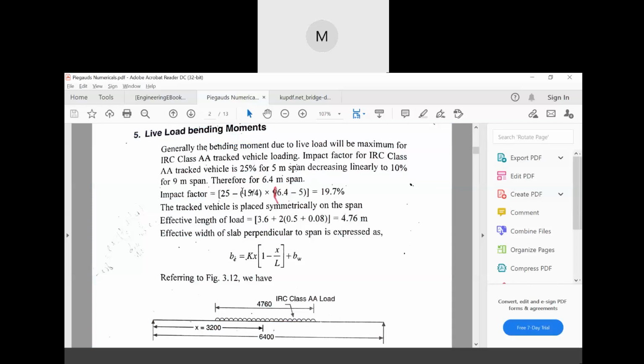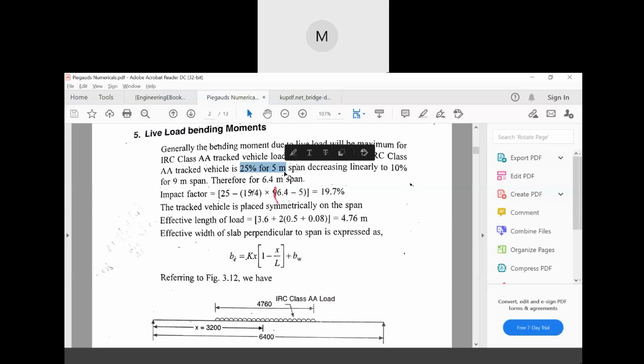Now we all know here the span is 6.4 meter. Now for 5 meter span, it is what? 25%.